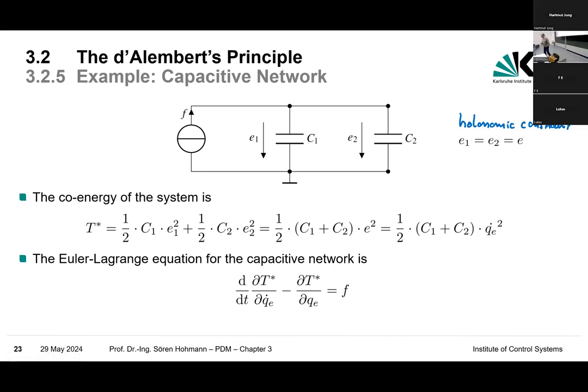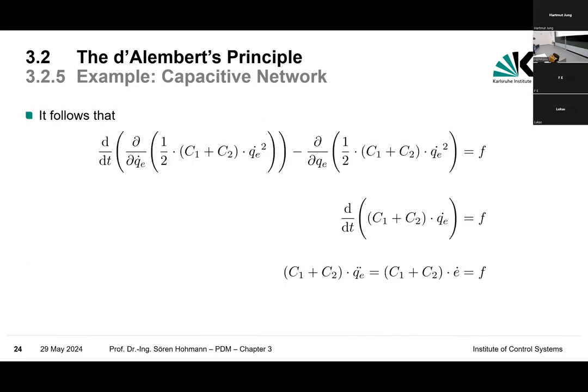Now put everything into the formula and derive with respect to the non-redundant coordinate QE dot and QE. What is QE dot? QE is the integral of E, or the flux linkage in our case for the electrical system. But we will see. So here I do the calculations first, and then we see what happens.